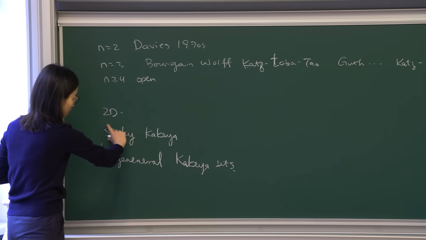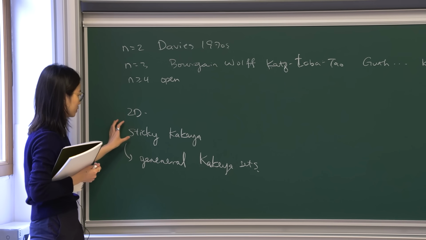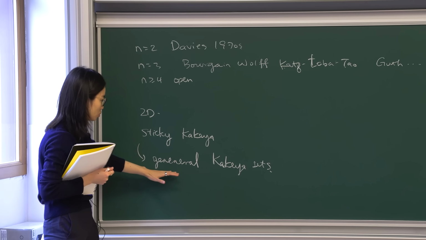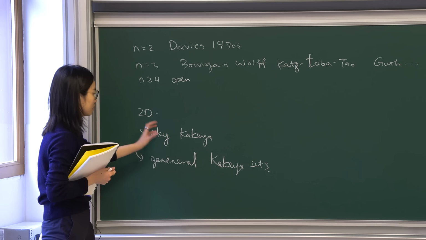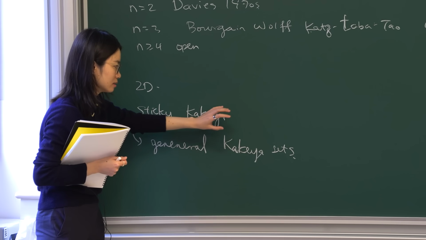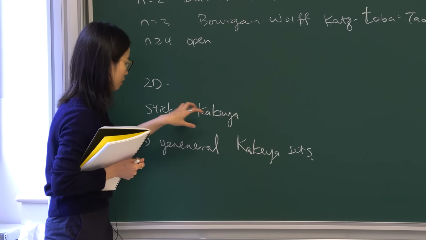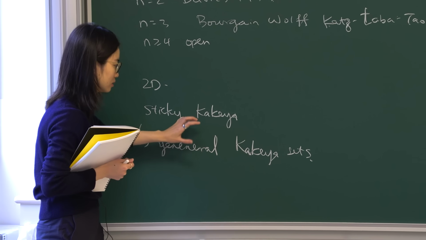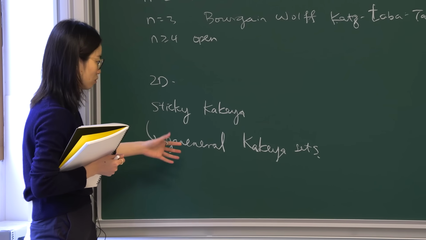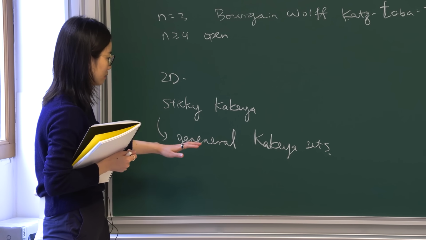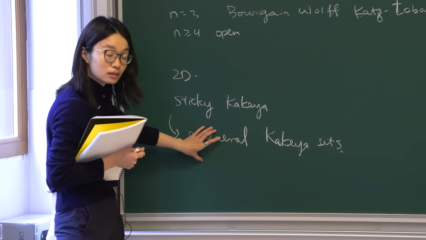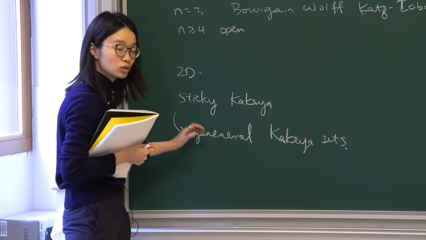For this part, we are going to talk about details for the arguments that are going to be used in the last part. And then we are going to sketch some of the ideas within sticky Kakeya sets that are not going to be used in the last part. Starting from maybe tomorrow, in the second half of the lecture, we'll talk in more detail about how to go from sticky to non-sticky.